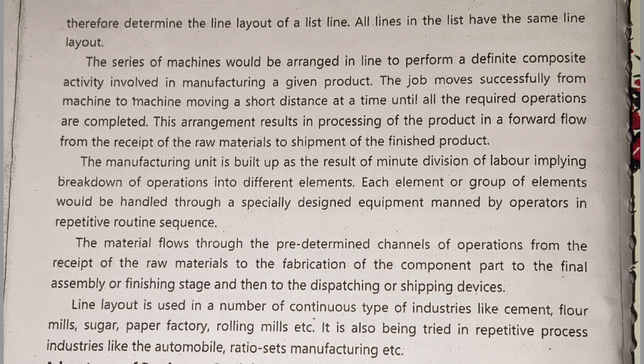The material flows through predetermined channels of operations from the receipt of the raw material to the fabrication of the component parts, to the final assembly or finishing stage, and then to the dispatching or shipping device.